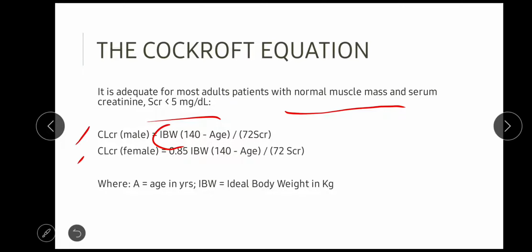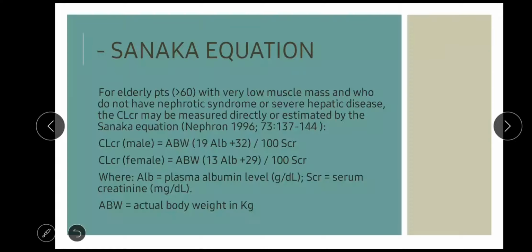And for female naman, 0.85 times yung body weight natin times 140 minus yung age over 72 times serum creatinine natin. Yung serum creatinine natin dapat less than 5 mg per deciliter.